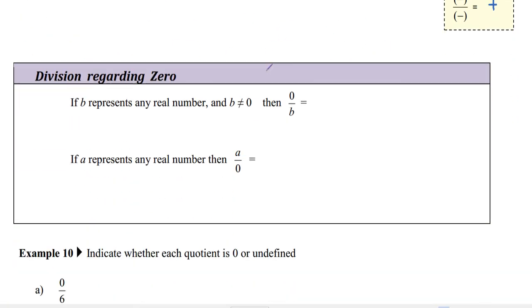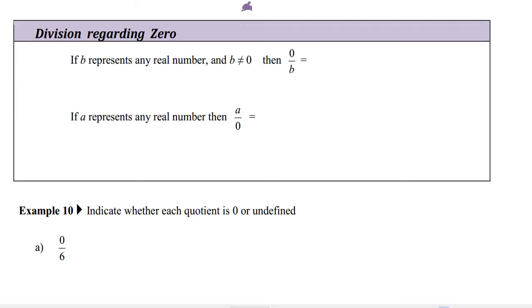Also, I mentioned this before, when you're dividing and 0 is involved, you have to be very careful. If B is any real number, as long as it's not 0, then 0 divided by that real number is always 0. But if you have a real number A and you try to divide by 0, that's undefined. We're not going to allow this.